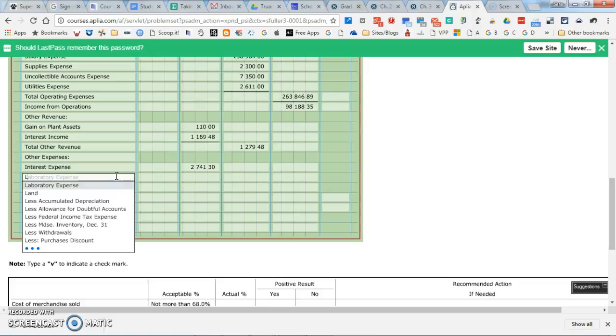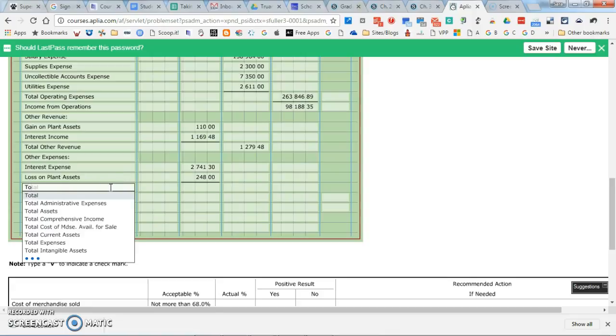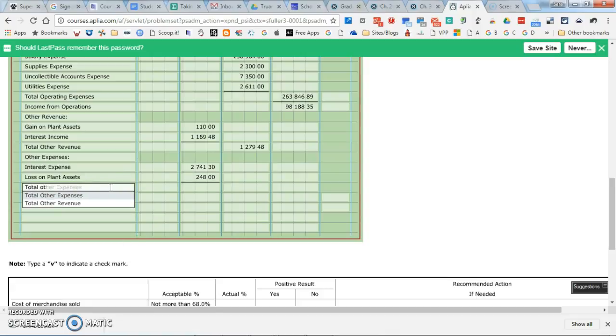Then loss on plant assets. Second column, $248. And total other expenses. So we'll just add these two together in the third column and get $2,989.30.